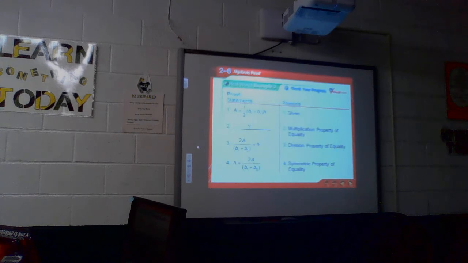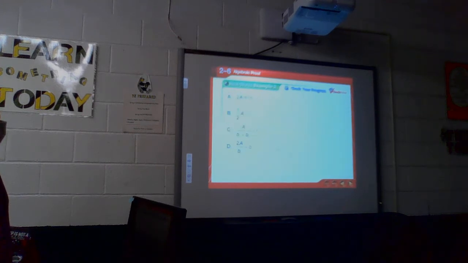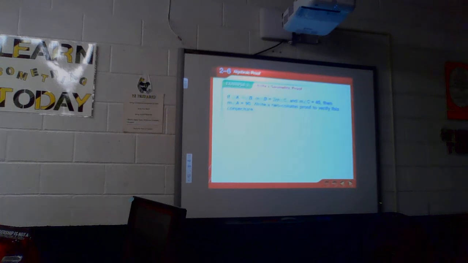They multiplied by 2 first, and then they divided by the b1 plus b2, and then the last step would be. So this right here would have been multiplying by 2, and it should be a. So again, you could have done it the other way, but this was one way of doing it.